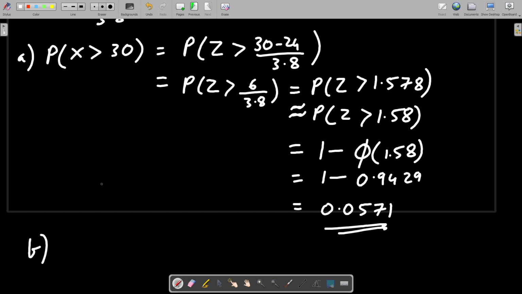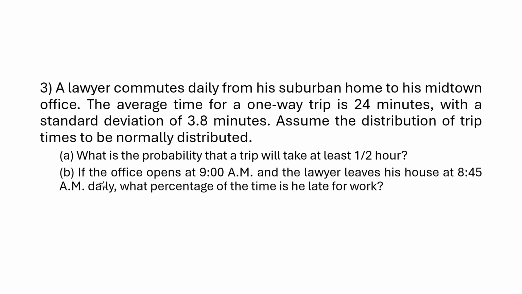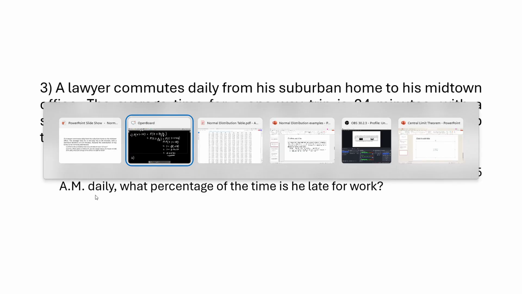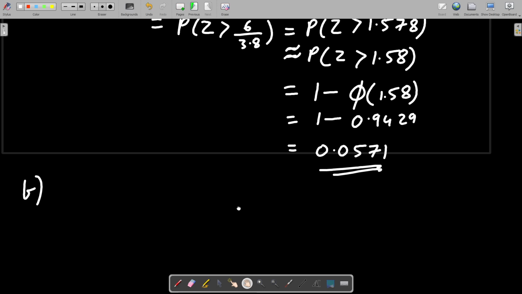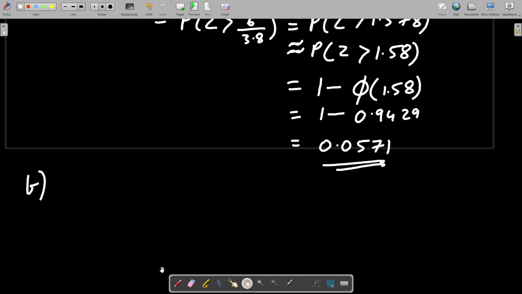Now the B question is a little bit tricky. So what is the B question? If the office opens at 9 a.m. and the lawyer leaves his house at 8:45 a.m., what is the percentage of time he is late to work? So now he leaves his house at 8:45, office opens at 9.